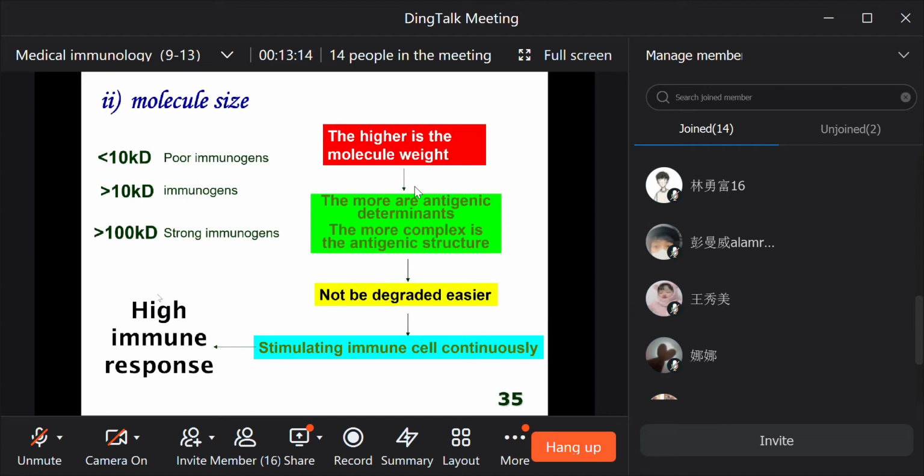So the relative molecular weight is positively correlated with the immune strength. You can see the molecular size go to the higher value, and the strength of the immune response is more and more stronger.